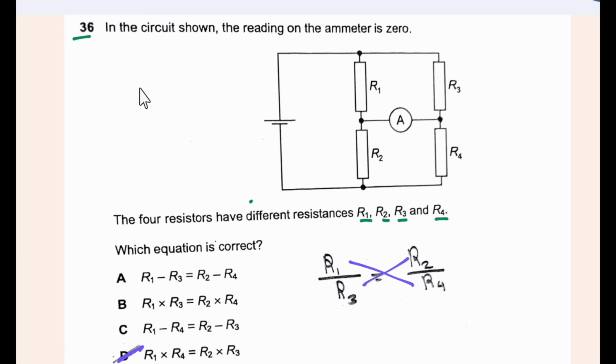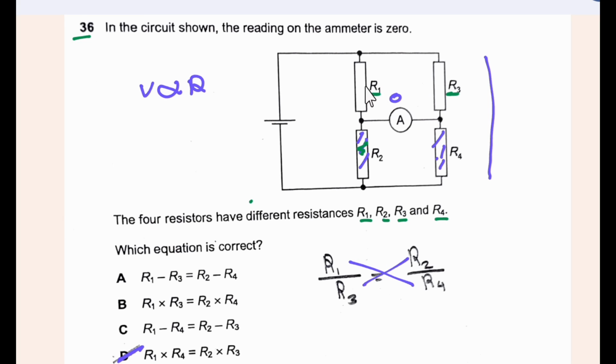Again, if I explain it quickly, voltage is directly proportional to resistance, so the ratio of voltage is the same as the ratio of resistance. As the ammeter reading is 0, the voltage in this resistor is the same as the voltage in this resistor, and since they are arranged in parallel, the total voltage in the parallel circuit is the same. Since the total voltage is the same, and these voltages are also the same, these voltages are also the same.